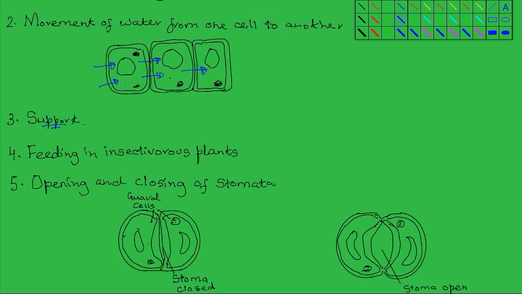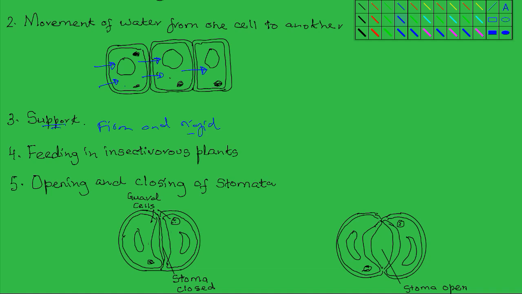These are non-woody plants that do not have strengthening woody material, so they rely on the turgidity of the cells for support, and this turgidity comes about as a result of the inflow of water into the cells by the process of osmosis.